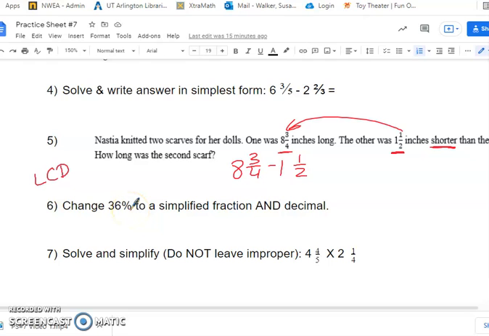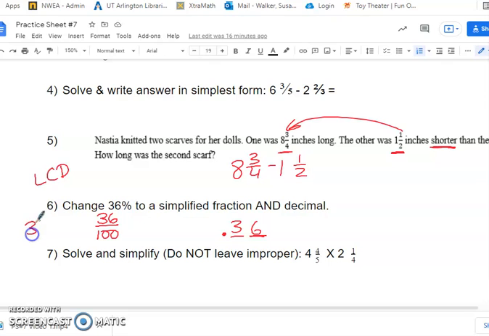So that means I put 36 over 100. If I read that correctly, it's 36 hundredths. Tenths, hundredths, 36 hundredths. There's your decimal. It basically lays it out for you right here.